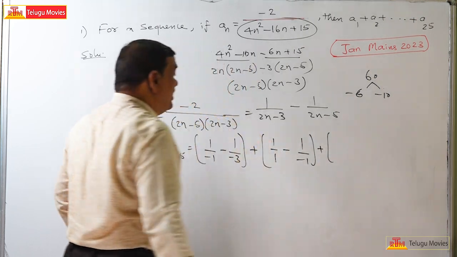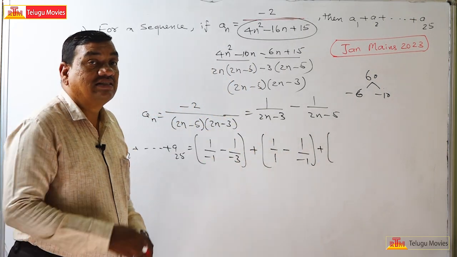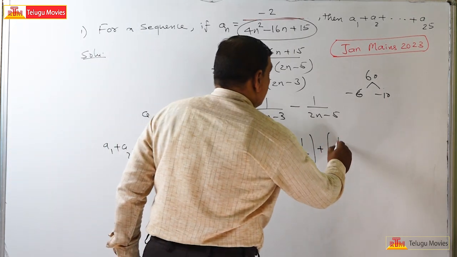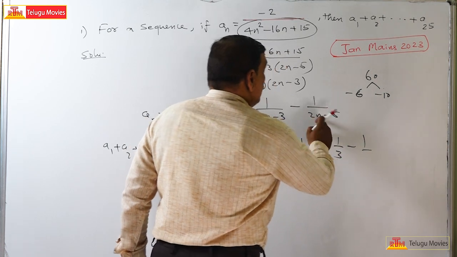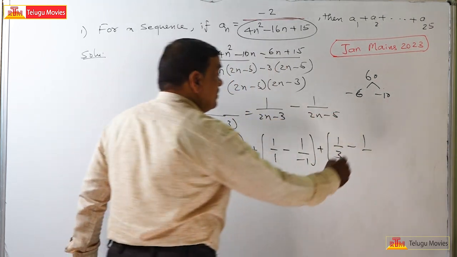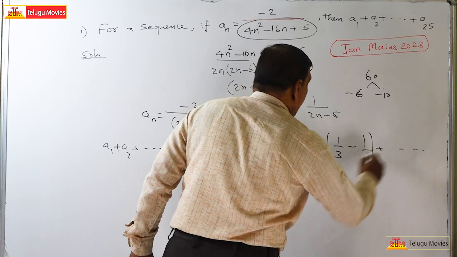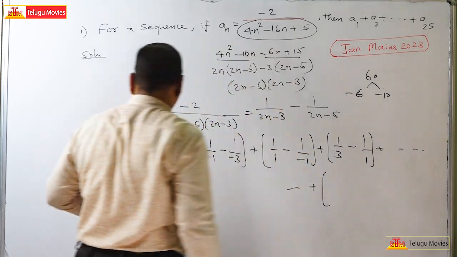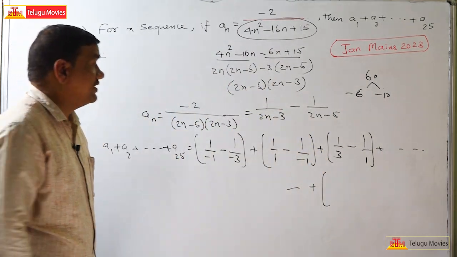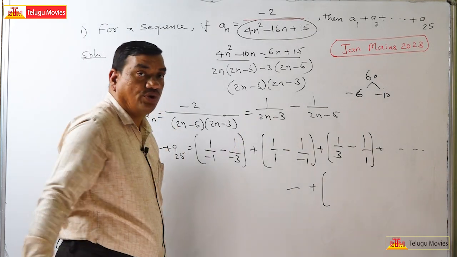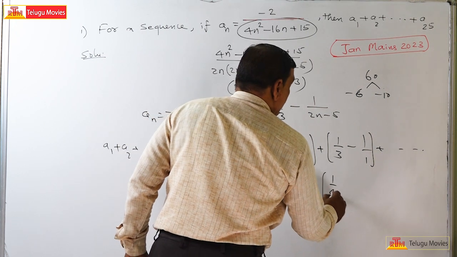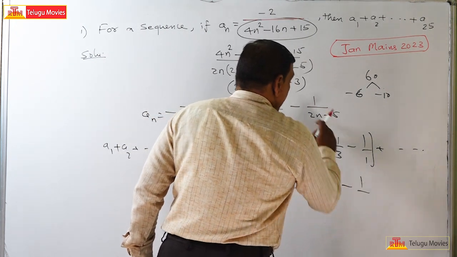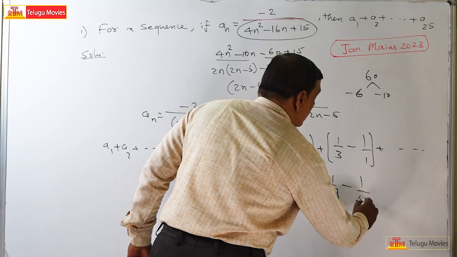Now substitute 3: 2 threes are 6, 1 by 3 minus 1 by 1. Plus so on, the last term a25: 2 into 25 is 50, that is 1 by 47 minus 1 by 45.